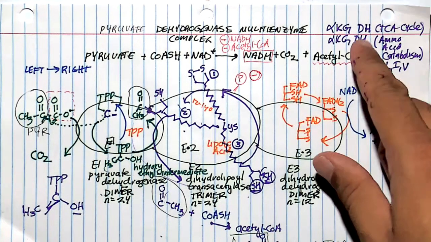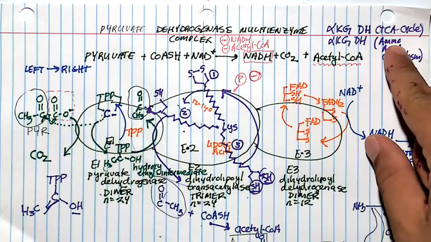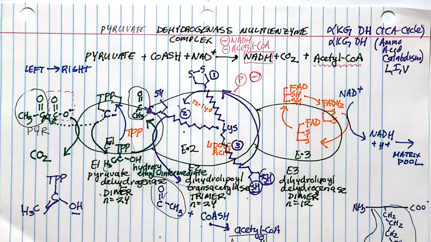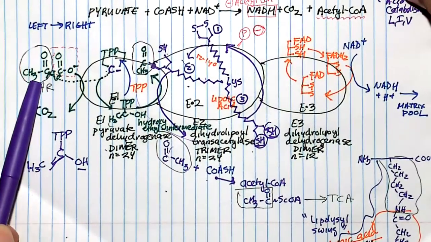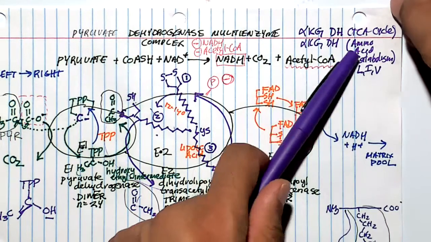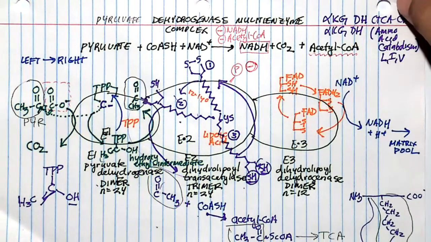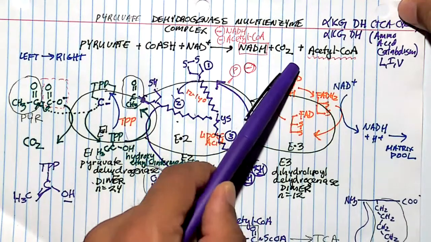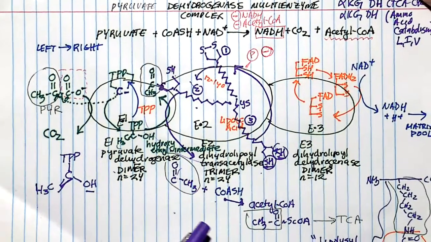Okay, in this case, alpha-ketoglutarate dehydrogenase in the TCA cycle converts alpha-ketoglutarate, that's a decarboxylation, to succinyl-CoA. And the pyruvate dehydrogenase multienzyme complex, the entry point to the TCA cycle, converts pyruvate to acetyl-CoA.